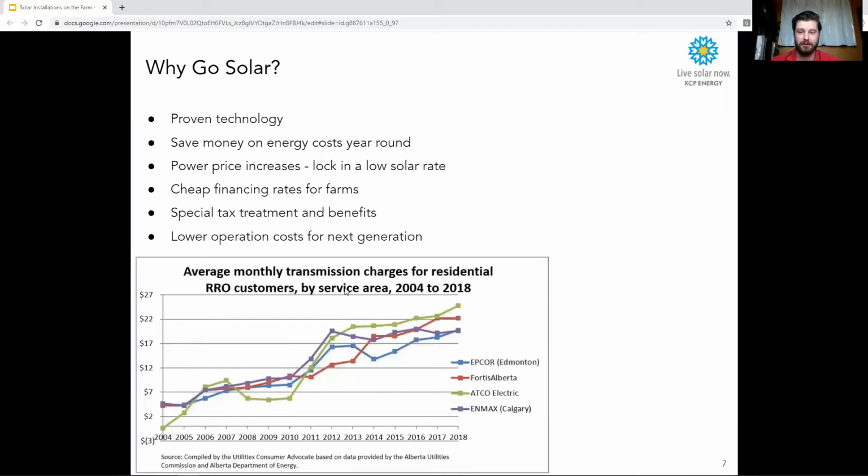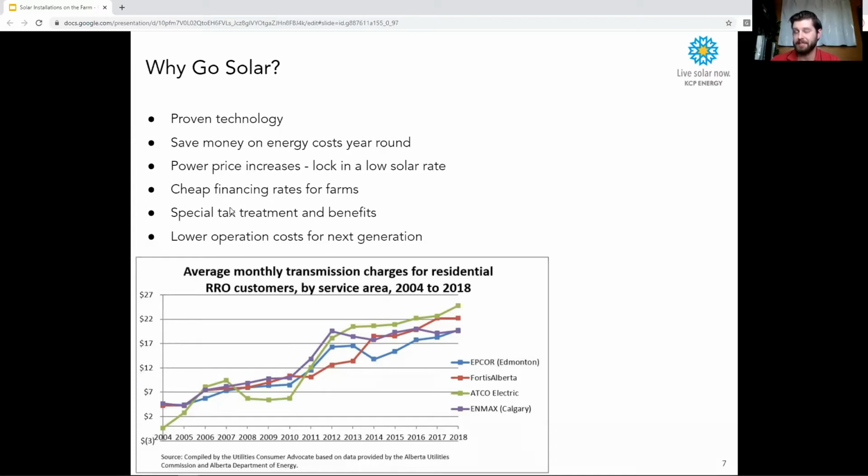Distribution costs are increasing at 9.5% a year, and energy costs are increasing at about 1.5% per year. So pretty substantial increases across all of the things that make up your total energy bill. That's a lot of the reason people go with this: they're worried about increasing prices, so they want to lock in a low rate.